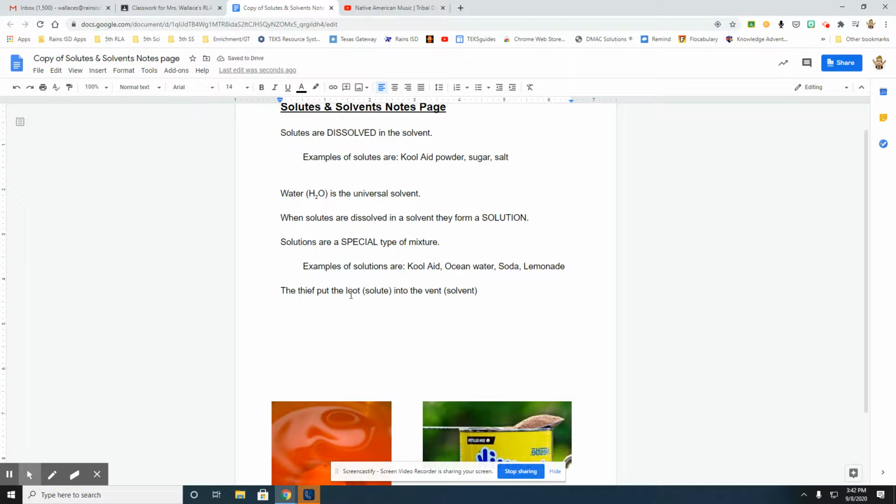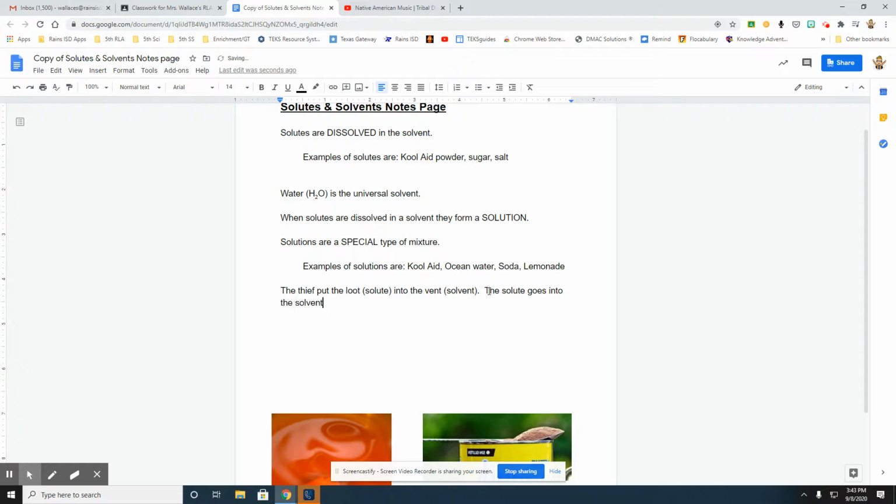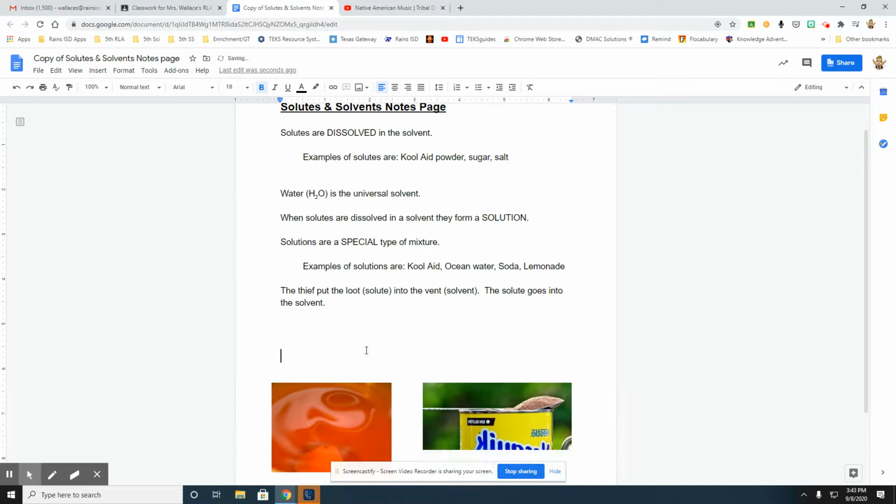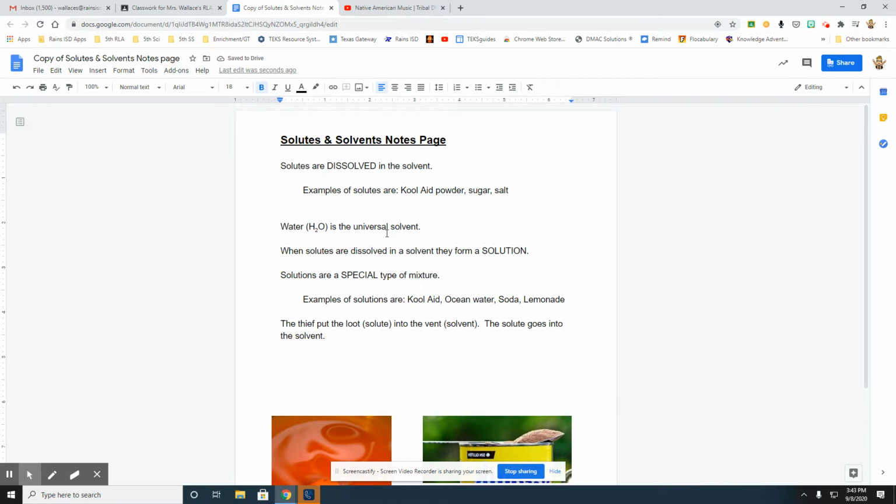So the thief put the loot into the vent or the solvent, meaning that the solute goes into the solvent. Okay, that's just a funny little story just to kind of help you remember that. It's not necessarily a concept that you're going to be tested on, but it does help you understand solutions a little bit better. So I hope this helps you out.